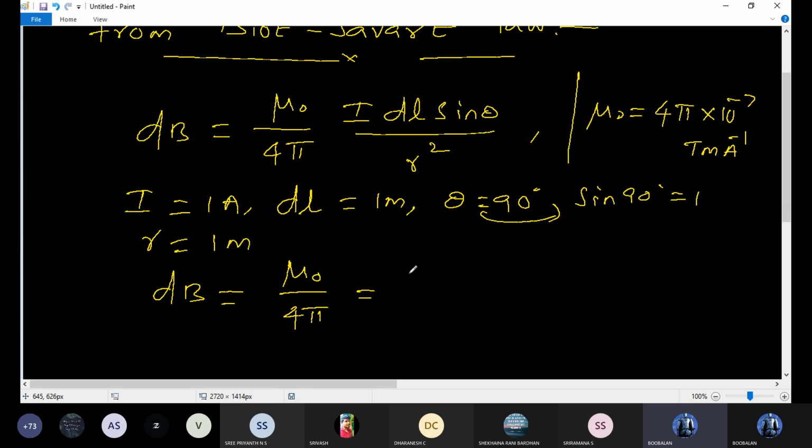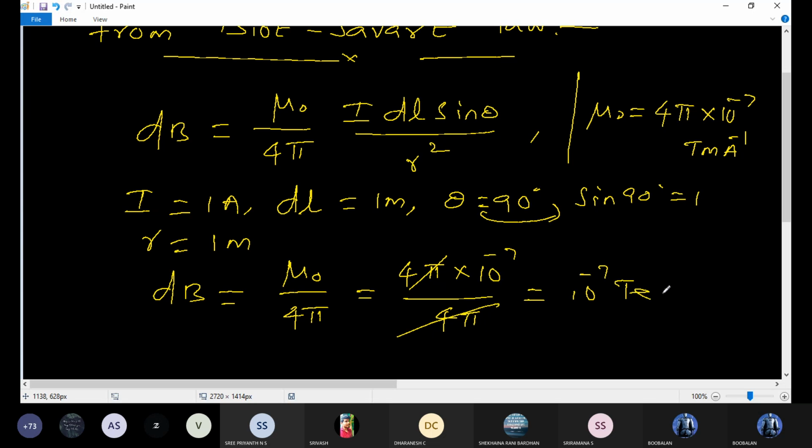Okay, so just apply the values: 4 pi into 10 power minus 7 divided by 4 pi. 4 pi cancel. The dB value is just 10 power minus 7 Tesla.